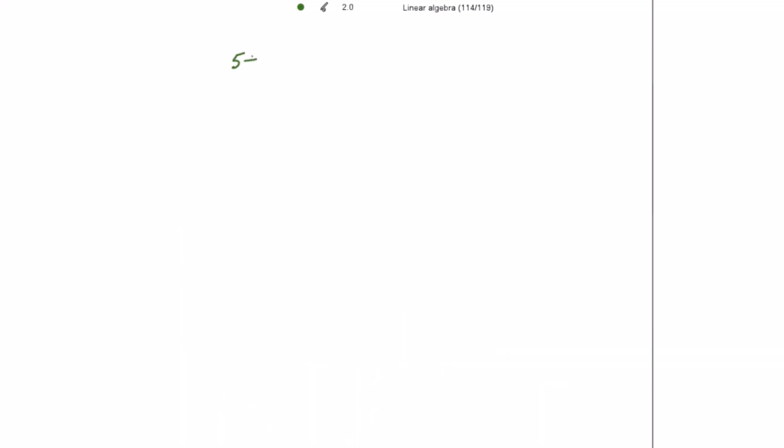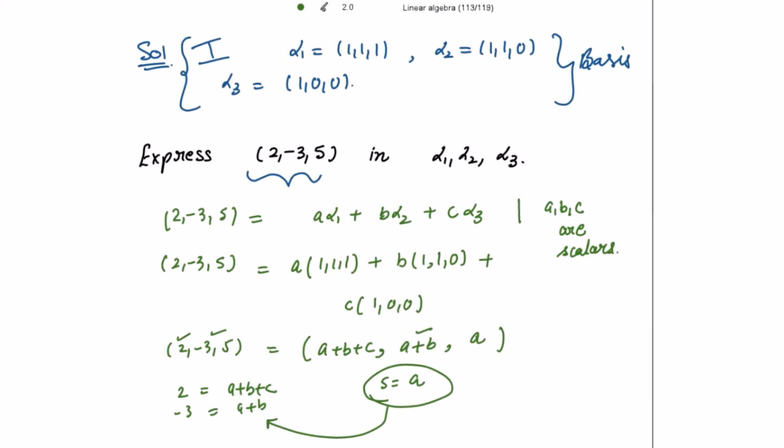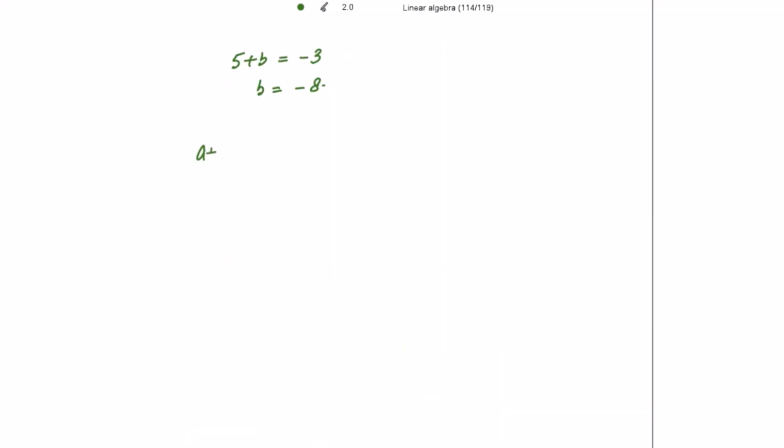So A is 5, plus B equal to minus 3, and from here we get B to be equal to minus 8. And then from the first equation we have A plus B plus C equal to 2. A is 5, B is minus 8. So we get C to be equal to 2, 5 minus 8 is minus 3, that becomes 2 plus 3, which is equal to 5.